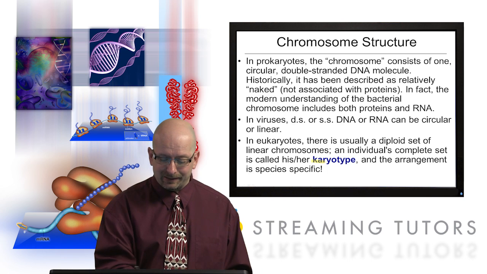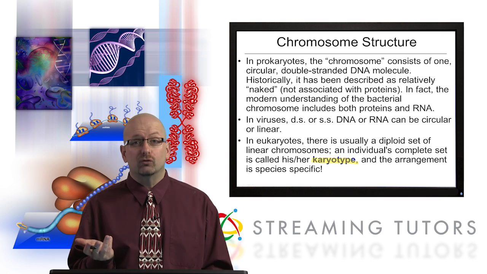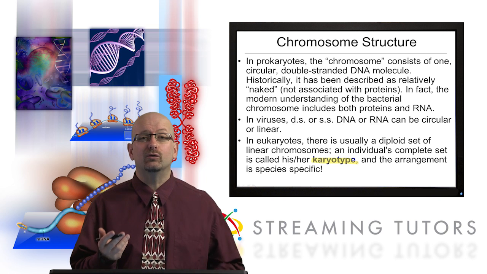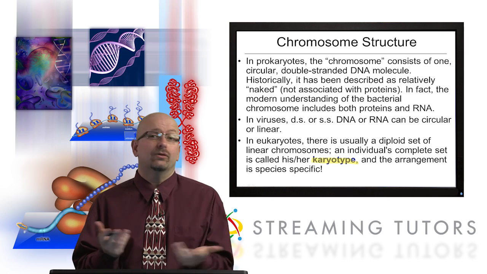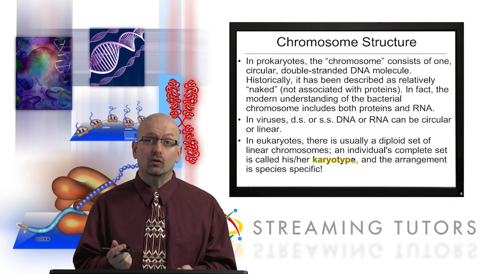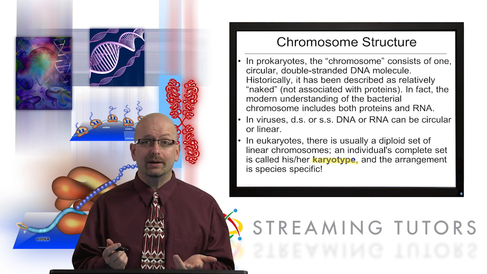So this term karyotype is important. Karyon refers to the nucleus, right, as in eukaryon. The arrangement being species specific, what I mean is, just take a horse. A horse has 64 chromosomes arranged in pairs, whereas humans have 46.